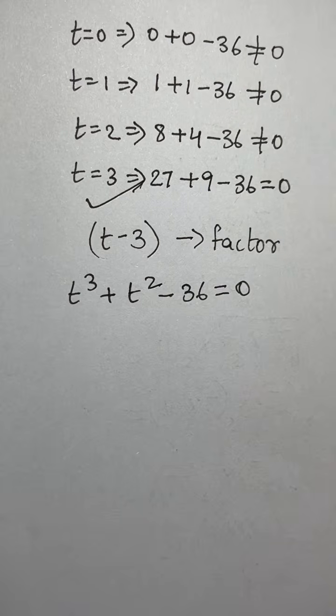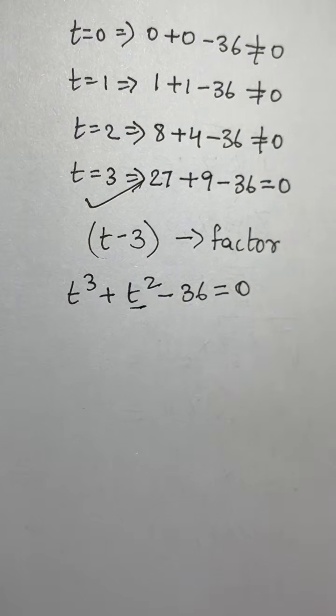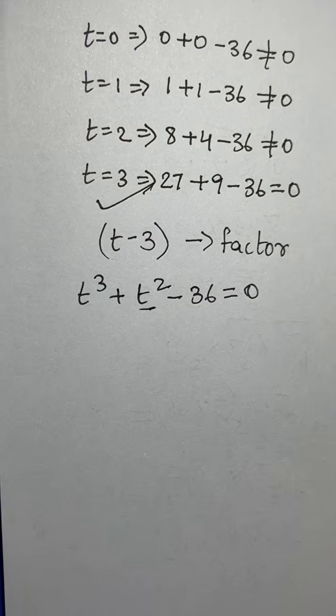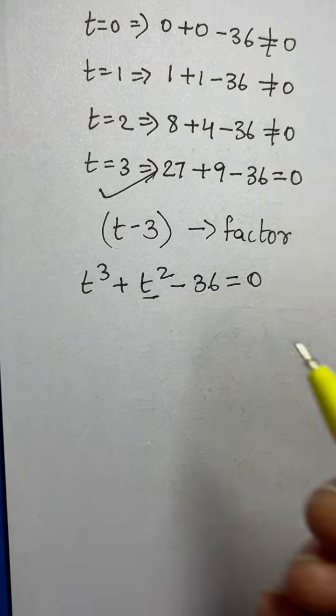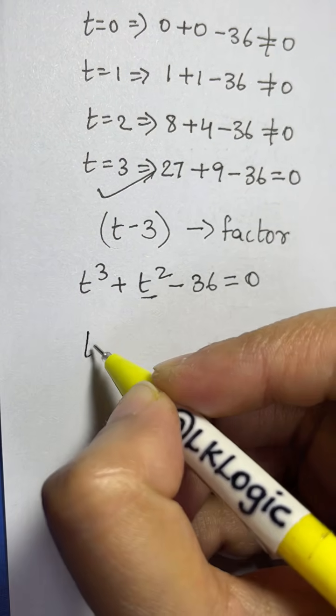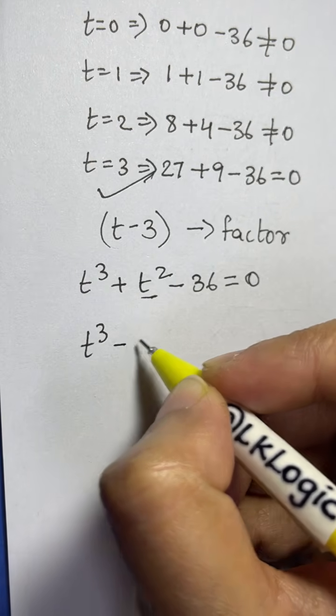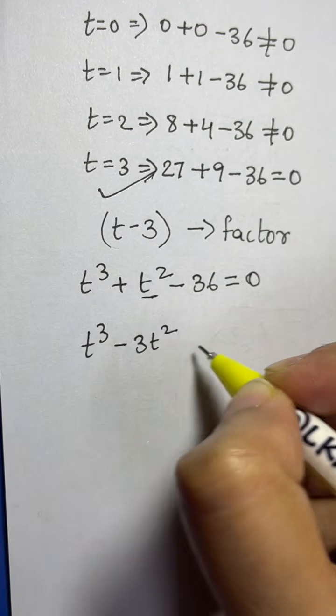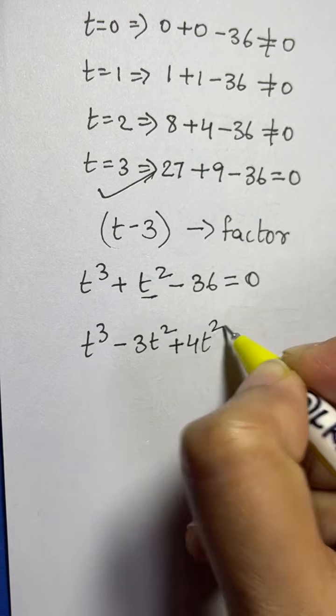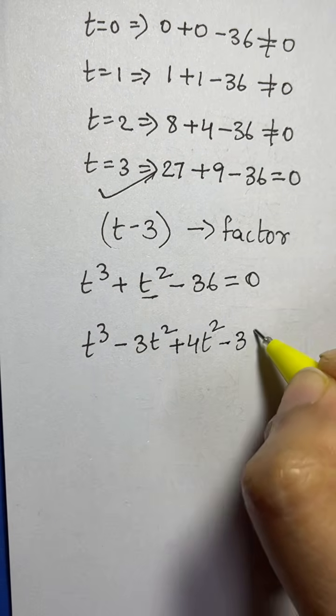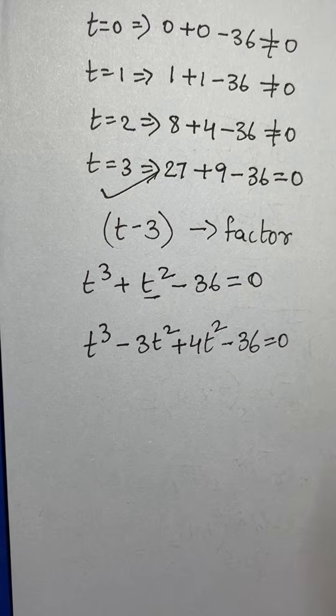Let's see how we can solve this. T square can be written as 4t square minus 3t square. You get the same thing back. So let's write it down. T cube minus 3t square plus 4t square minus 36 equals 0.